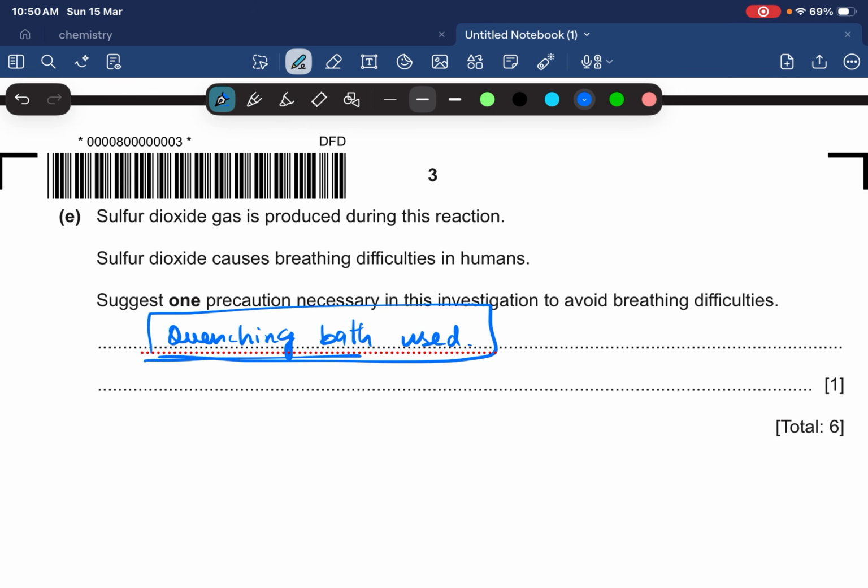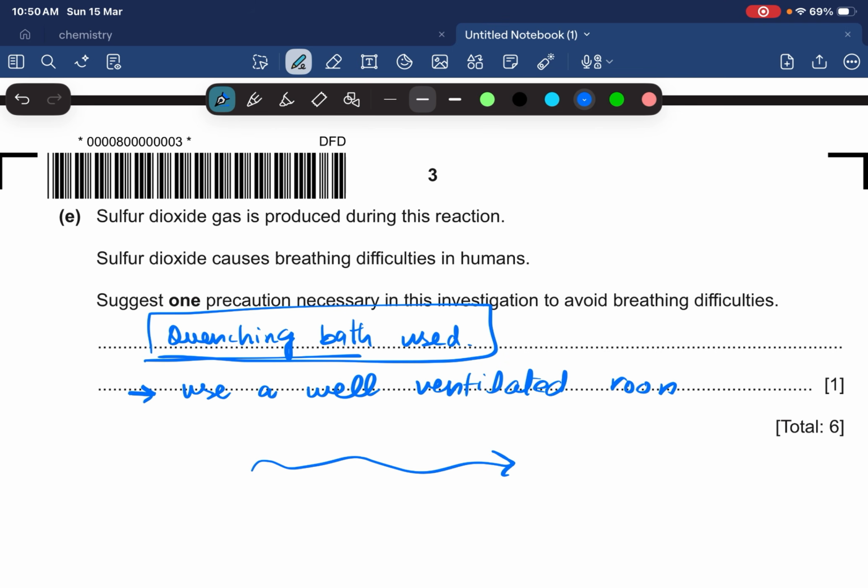I'd be very honest with you guys, what the examiner expects you to write is that we're using a place or an area which is well ventilated. I know that's very difficult to come in your mind, but that's the only answer that's mentioned in the marking scheme, that you have to use a well ventilated room or area where the air is blowing so that the SO2 disappears.